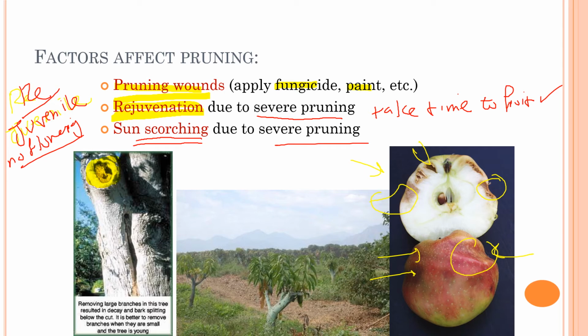Here you can also see rejuvenation, because they cut too much, and now these branches cannot produce fruits or flowers because they are rejuvenated. So you have to be careful not to cut too much. Also here, as I told you before, don't cut too much, because you are exposing the fruit to strong sunlight. And here you paint the wound, because you don't want to leave any open wounds on the tree.